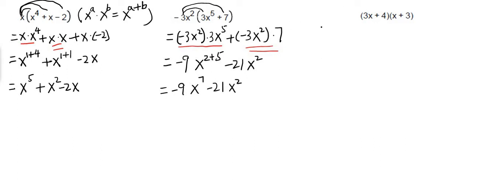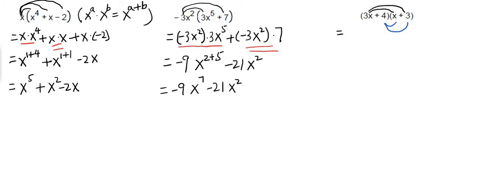Now let's take a look at the last example. We follow the distribution property: 3x times x, 3x times 3, and for the second term, 4 times x, 4 times 3.